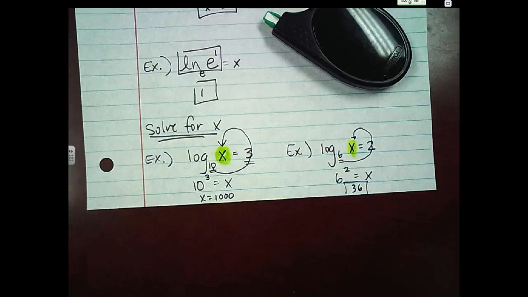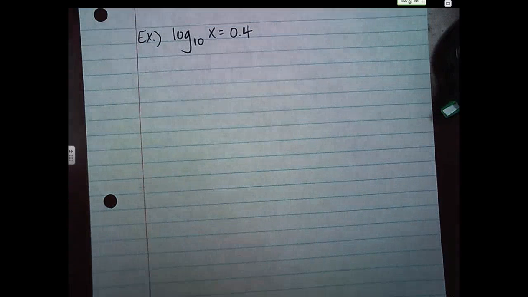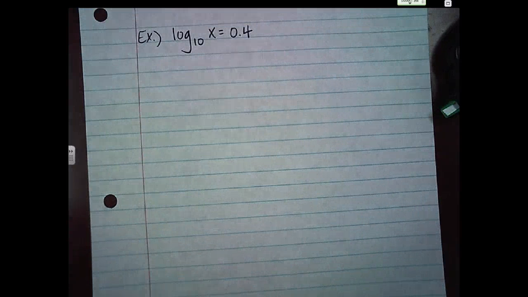Okay, so now's where your calculators are going to be needed. If you don't have one, it's okay, but it would help for here because the numbers are not going to be as pretty. So log base 10 of x equals 0.4. The numbers aren't as pretty.